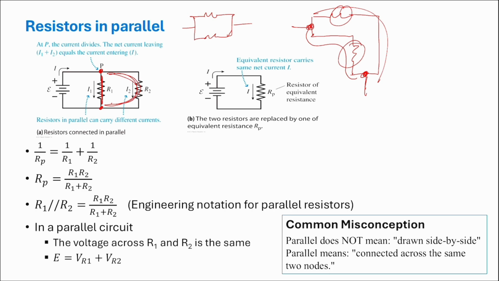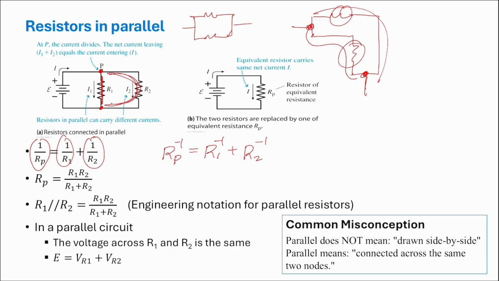The way to find it is with the reciprocal formula. It means Rp reciprocal equals R1 reciprocal plus R2 reciprocal. If you do the mathematics, you will find Rp is equal to R1 times R2 over R1 plus R2.